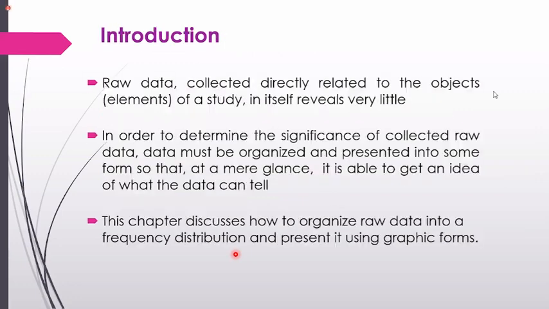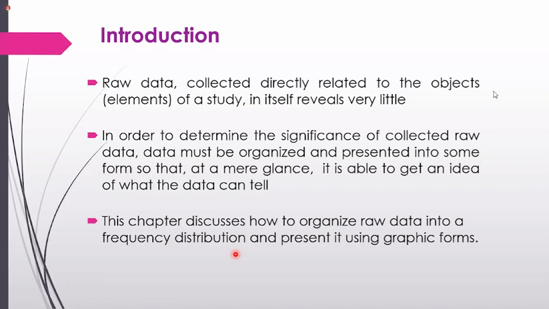So first we look at the introduction. Usually when we are looking at the raw data, which were collected directly from the subjects or elements for a study, just looking at the raw data, you can only get very little information. Even what is the maximum value, what is the minimum value, right?